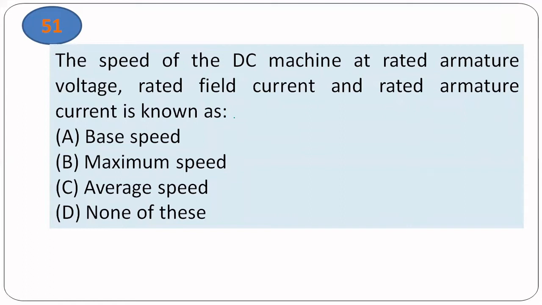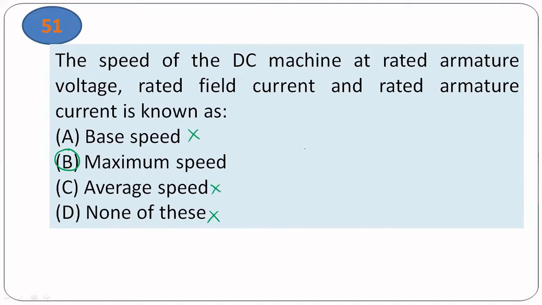So next is about the speed of a DC machine at rated armature voltage, rated field current, and rated armature current. It is called the maximum speed. It is because base speed, average speed, and none of these are not valid options.